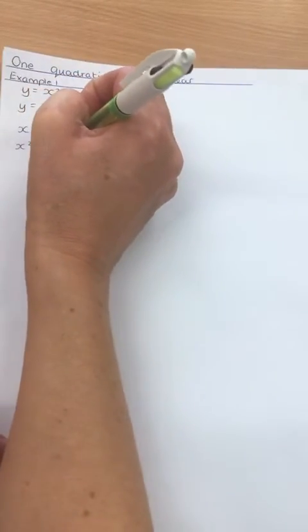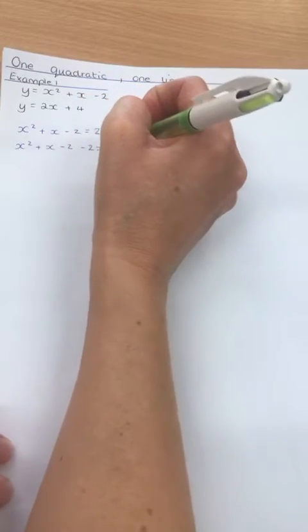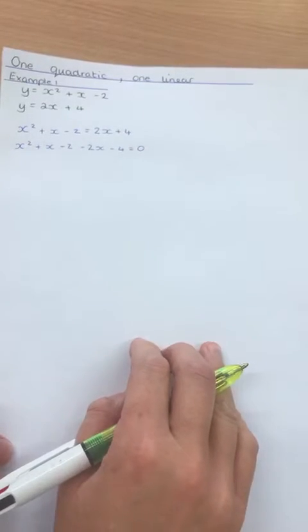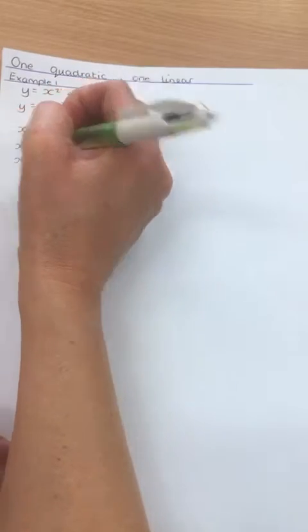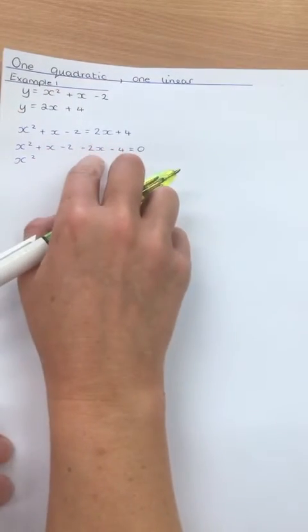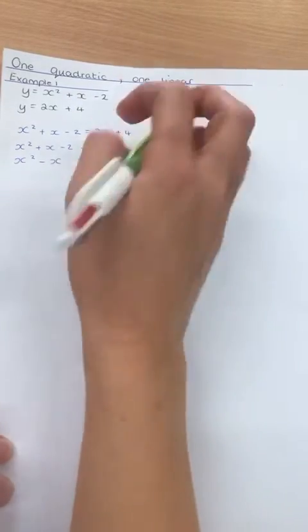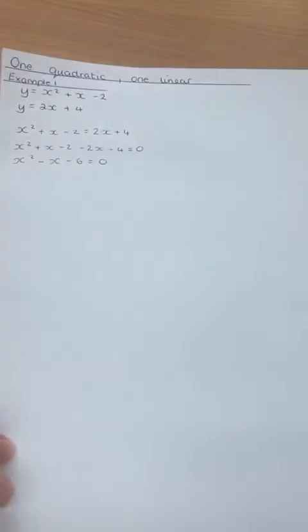If I leave the whole of my left hand side the same, and then I'll be subtracting 2x and subtracting 4 from it to leave 0 on the right hand side. I then simplify the left hand side. So I have x squared, I've got a positive x, subtract 2x, which leaves me with minus x, minus 2, minus 4 gives me minus 6, and that is equal to 0.